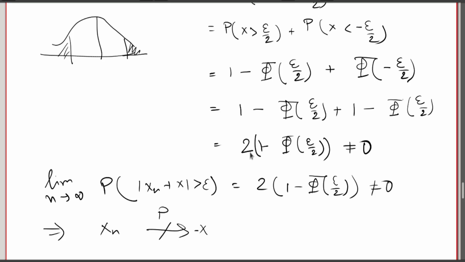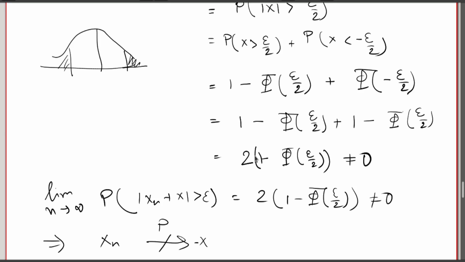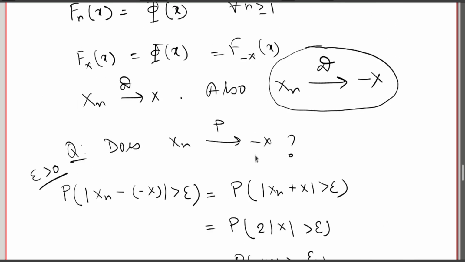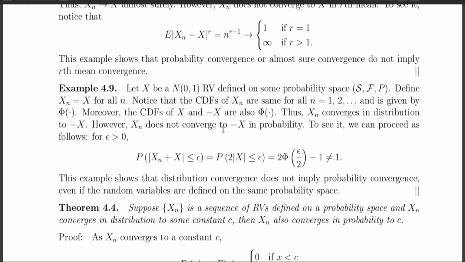That is what we wanted to show here. In this example, we have seen that Xn converges to minus X in distribution, but Xn does not converge to minus X in probability. This shows that convergence in distribution in general does not imply convergence in probability.